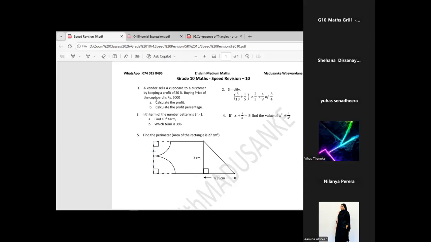And this one is also from grade 9. This is from your binomial expression lesson. Fourth one, fifth one. No need to write the questions, just provide the answers. And if you do not know the answer for any particular question, please skip it.